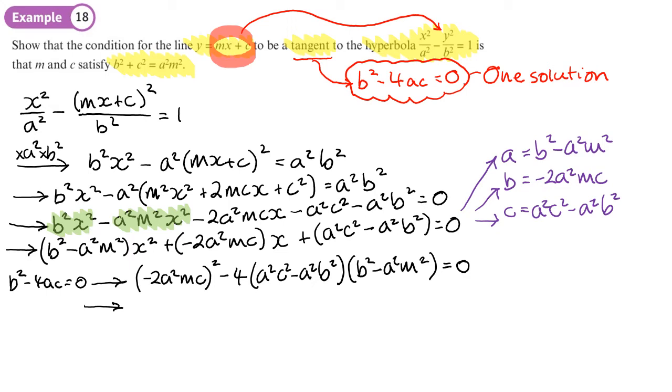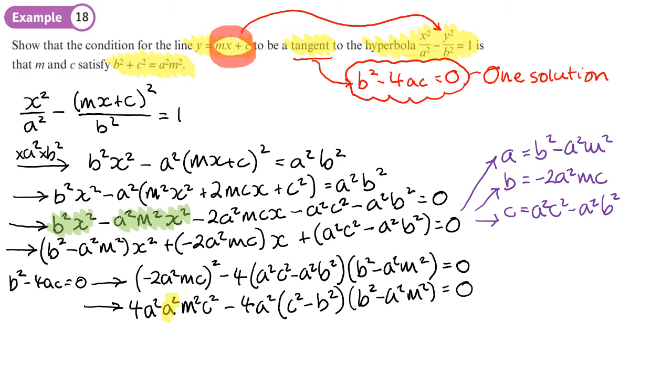of each term, but I need to think about what this first bracket here is going to be like when I expand it. So that will actually be 4a squared, or a to the power 4, m squared, c squared. So I'm interested in this really taken out as a factor because I'm going to divide by that in a minute. And then minus 4a squared, so I'm taking it out as a factor of this first bracket there, so you can see the a squared here's gone out to the front, times by the b squared minus a squared m squared.